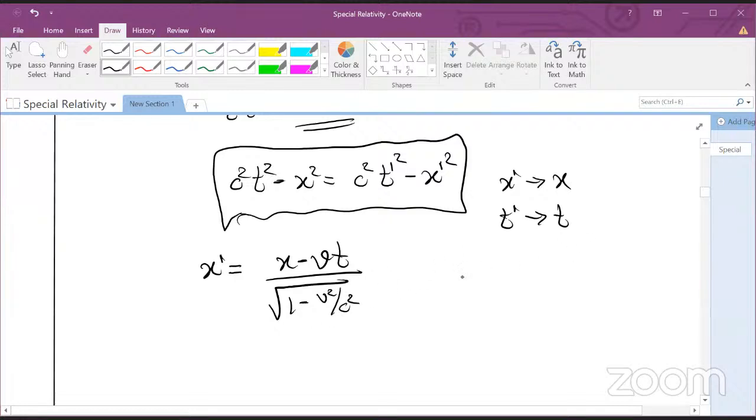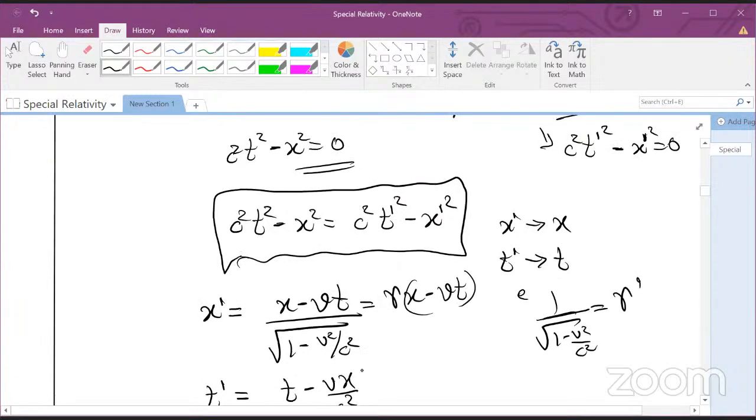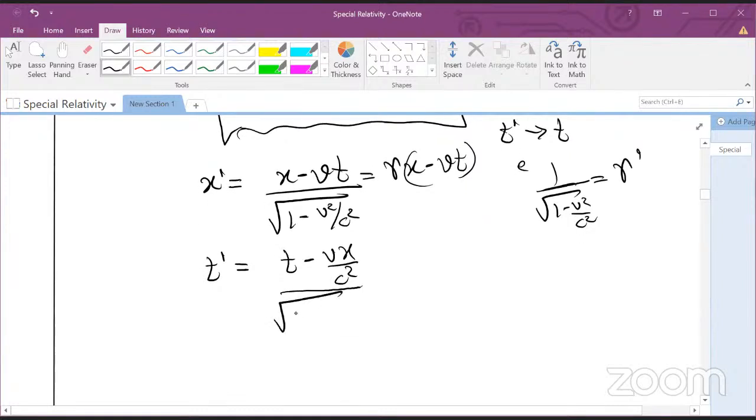I can write this factor 1 by square root of 1 minus v square by c square to be some factor gamma. It has a name, I'll come to that. Then we get this x dash to be gamma into x minus vt, and t dash will be t minus vx by c square whole divided by square root of 1 minus v square by c square.